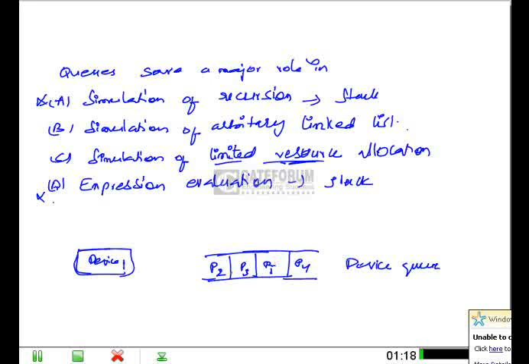These processes would be waiting in the device queue to access that device. Here the device is a limited resource, and we are using this device queue for allocating that limited resource. Hence the correct option is simulation of limited resource allocation.